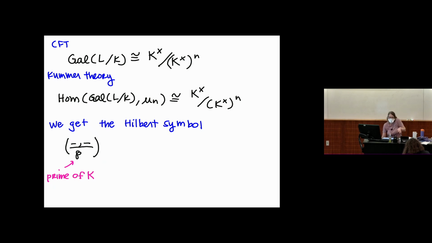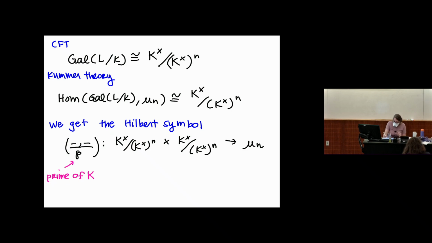If it's R or C, you just imagine that you're putting a prime there. From K cross, mod K cross to the n. So those are the two inputs to the symbol, going to the nth roots of unity.